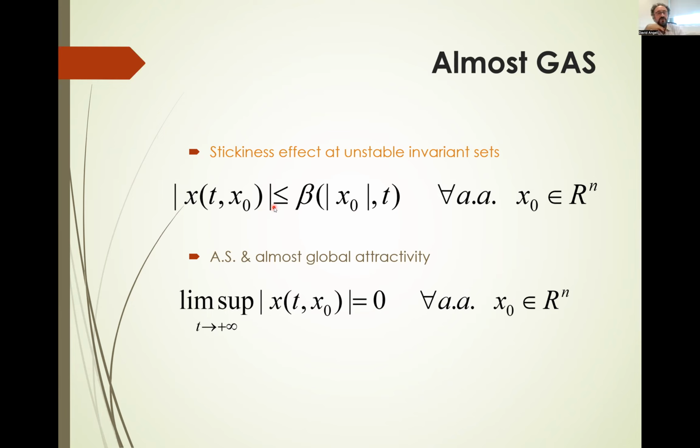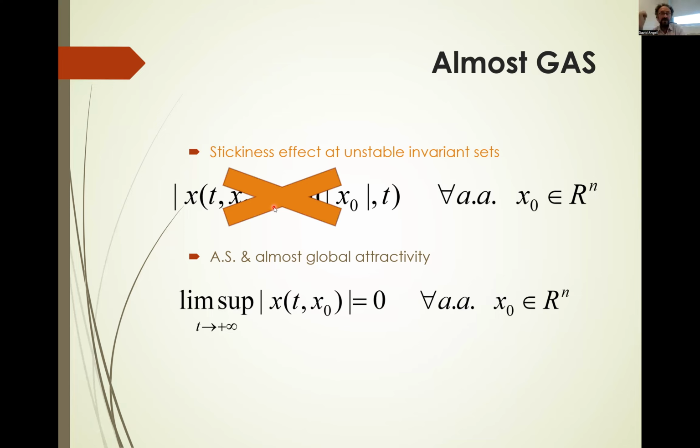You cannot use KL bounds like this, because due to the stickiness effect, whenever you've got an unstable equilibrium or an unstable invariant set, it takes you forever to get out of it, the closer you get to it. And so you don't expect to have a uniform KL bound that tells you how fast you converge to the origin, say.